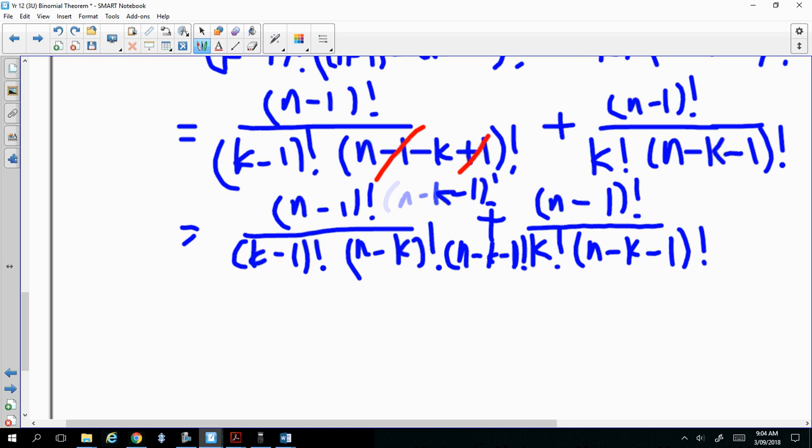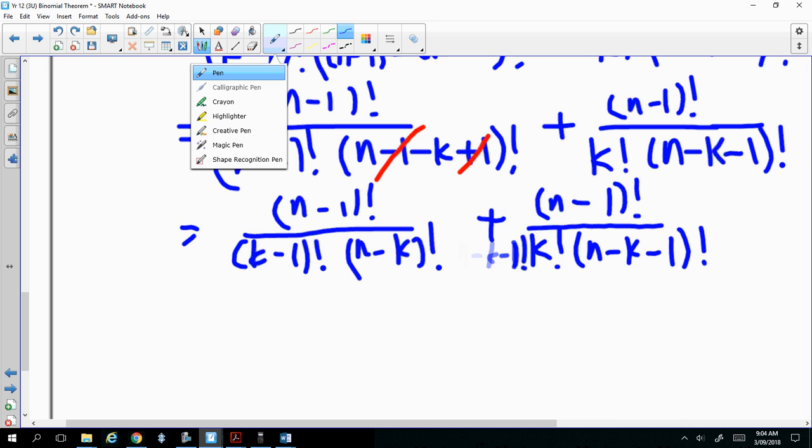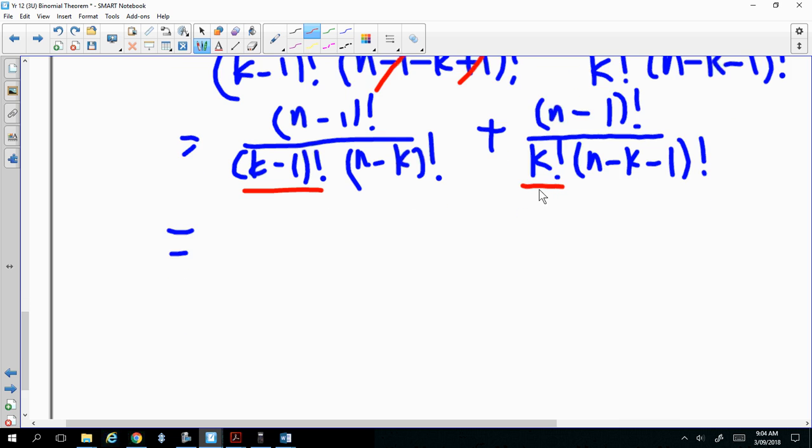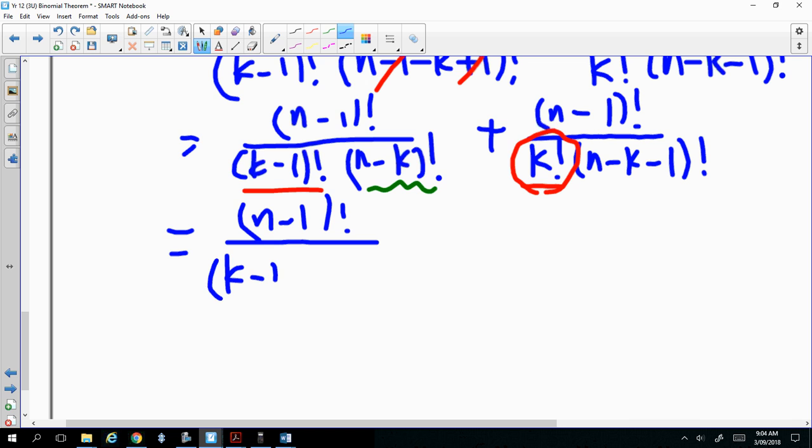So it's better to look at what's inside the factorial. So let's compare these two. Which one's the bigger one? The k factorial or the k minus 1 factorial? The k factorial. So we're going to unroll this one. Let's unroll it. Okay? And also we're going to unroll this one, the bigger one. So you write n minus 1 factorial, the k minus 1 factorial. Let's unroll the one I underline in green.